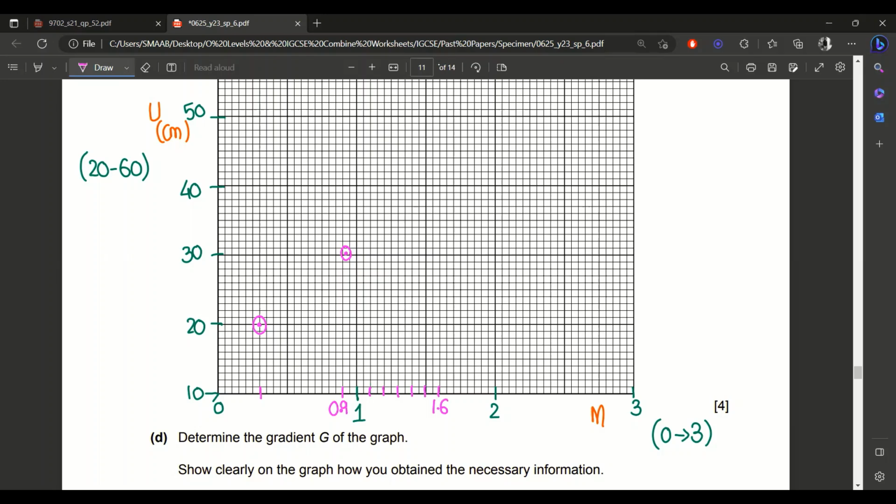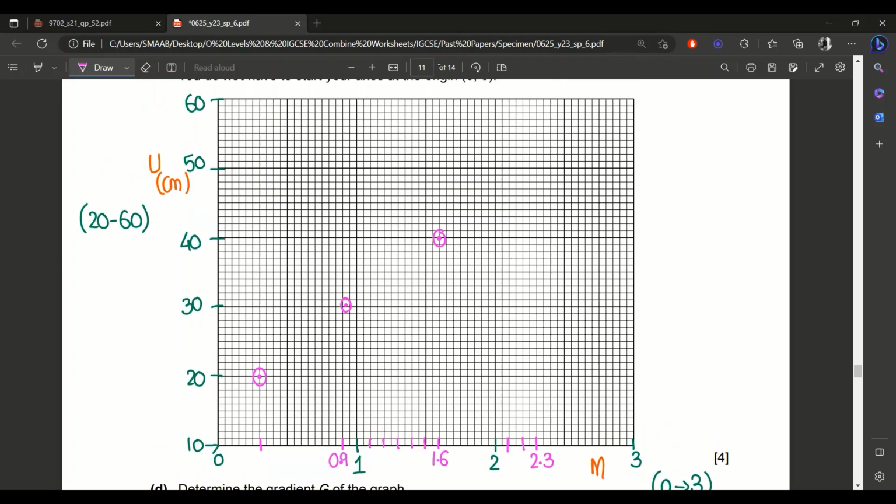And it will be equal to 40 over here, right? And next 2.3. It will be 1, 2, 3, so 2.3 over here, and the value is equal to 50. And this will move straight up like this, over here, 50.